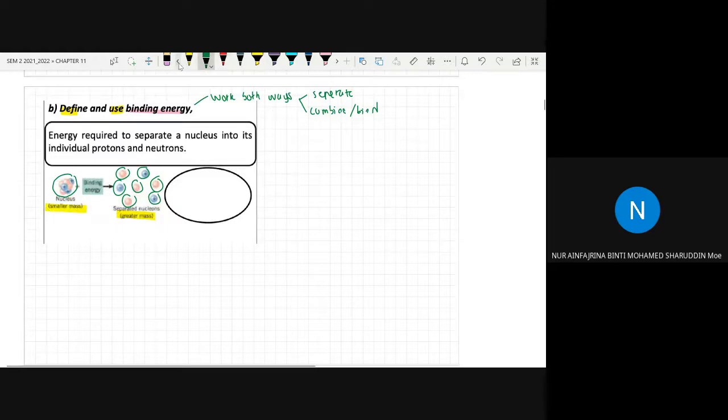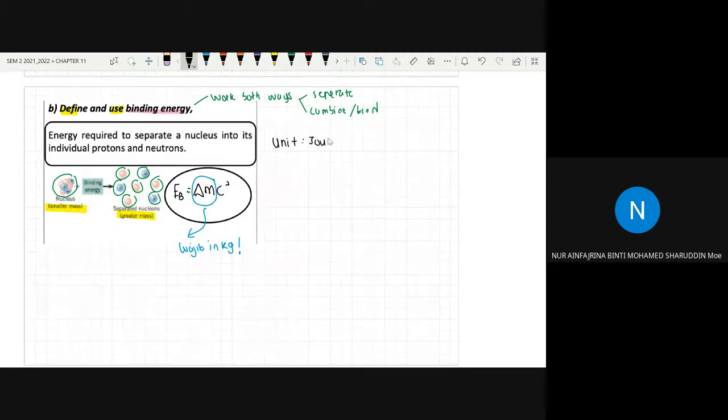So the formula is, binding energy EB equals to the mass defect darab dengan speed of light squared. Okay, this is the most important. Your mass defect must be in kg. Wajib in kg. And of course, energy unit dia apa guys? Joule.